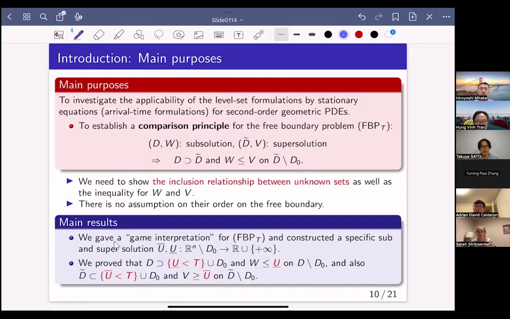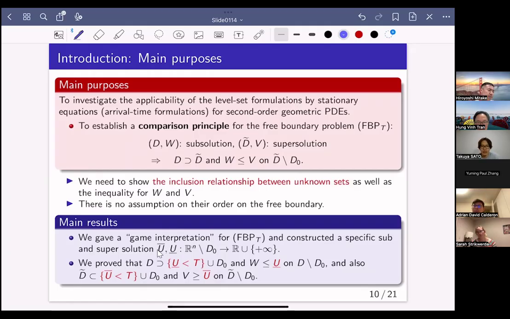So at first, one main result is that we give a game interpretation for free boundary problems like Kohn and Serfaty, and construct some specific solutions U over bar and U under bar as a half relaxed limit of some value functions.